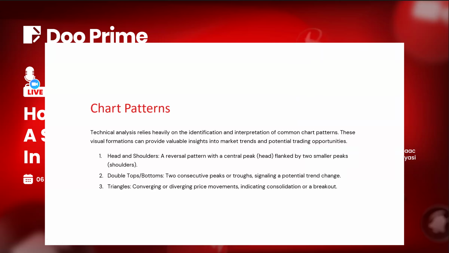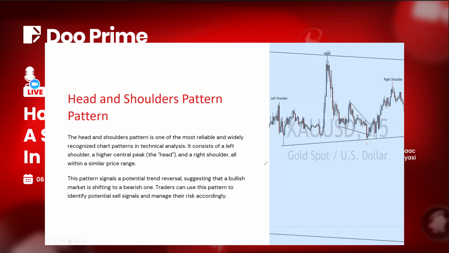So let's go and get the head and shoulders pattern. This is how the head and shoulders pattern looks. We have the head, the left shoulder, and the right shoulder. Why do we call it the head and shoulders pattern? This is how the chart looks, with this line as the neckline.